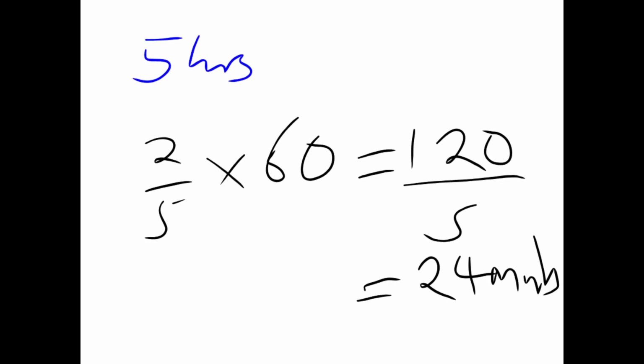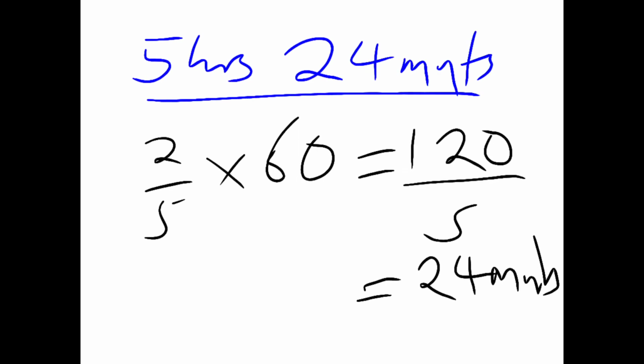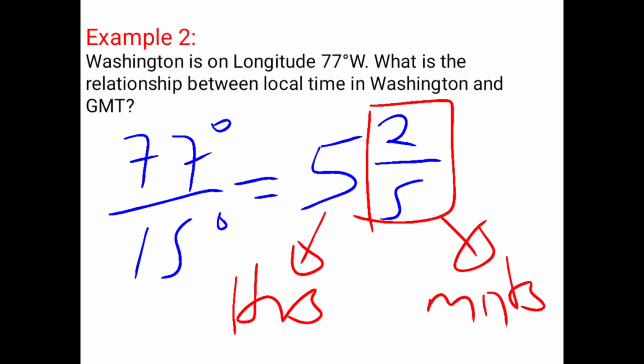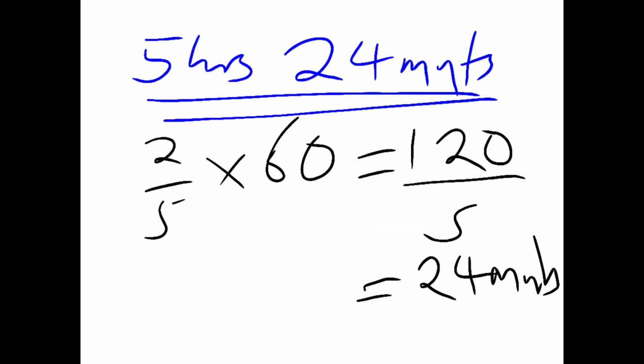Okay? So we're going to simply say it is going to be 5 hours, 8 minutes. That is the time difference, or the relationship between Washington, which is lying on longitude 77 degrees, with the GMT time.